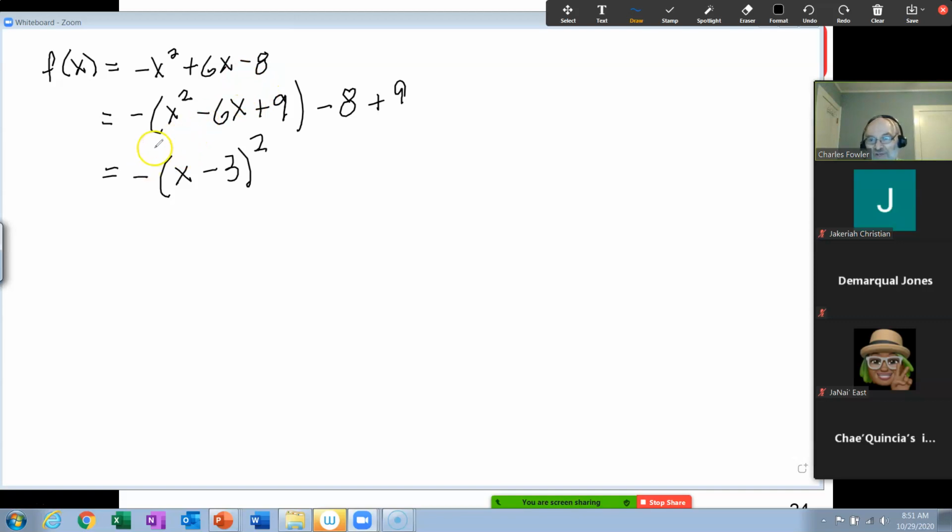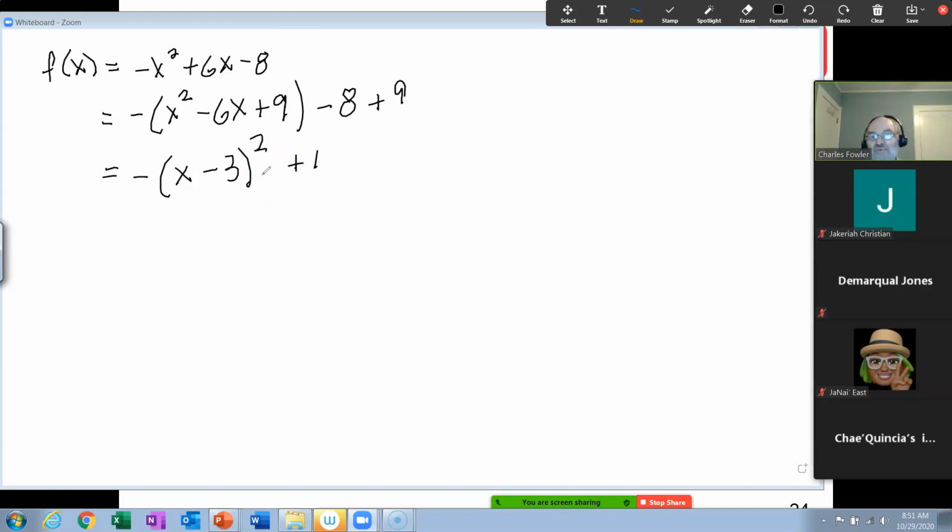Okay, now, I cheated a little bit and pulled the minus here, and as soon as you take half of this, write that number down here, minus 3, then square it. Okay, this is the perfect square trinomial for that binomial squared. Then add these two together, you get a plus 1. Well, what does this give you?